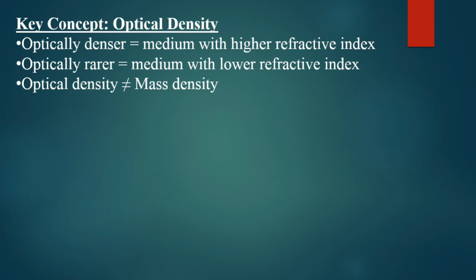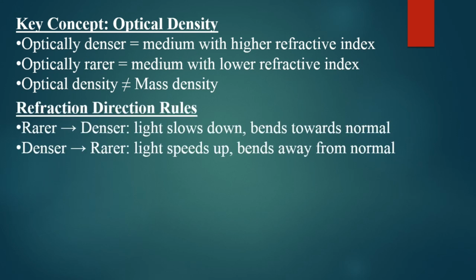Refraction direction rules. When light travels from an optically rarer medium to an optically denser medium, light slows down. Light bends towards the normal, the imaginary line perpendicular to the boundary. But when light travels from an optically denser medium to an optically rarer medium, light speeds up.